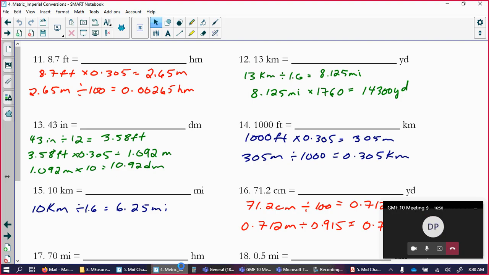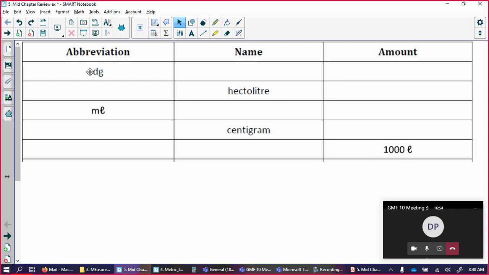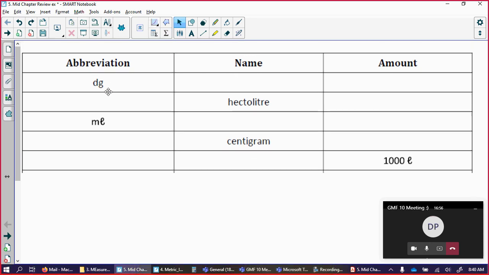All right, so here we go. The first thing is just a little chart. We have to remember our stuff. D is the prefix for deci. G is gram.